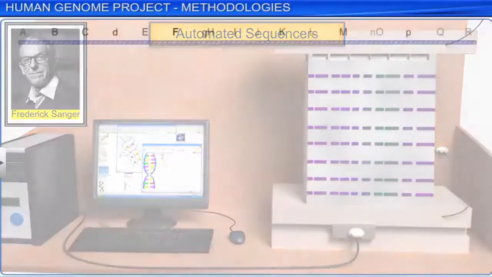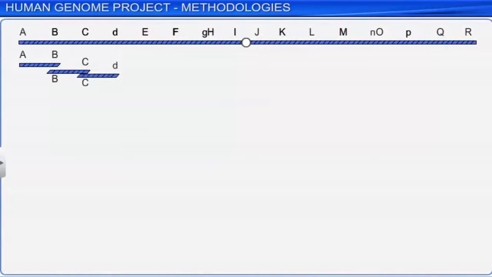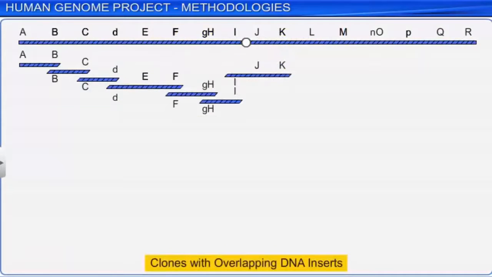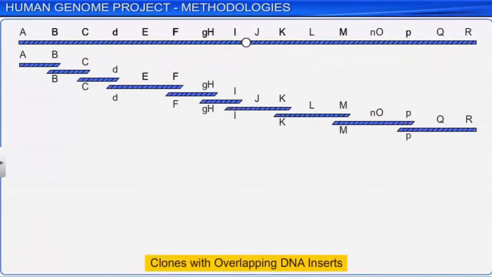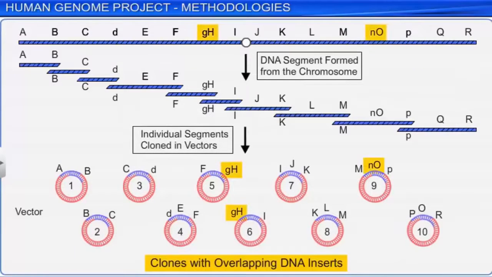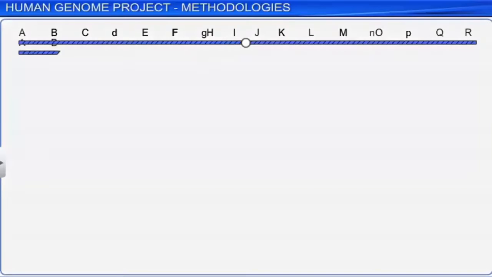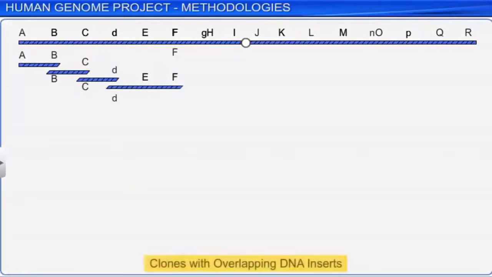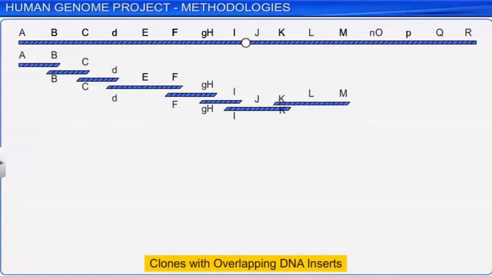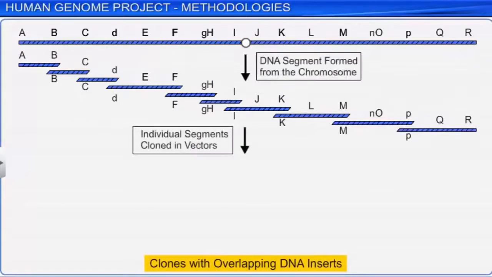As per Sanger's method, the cloned DNA sequences were arranged based on the overlapping regions present.